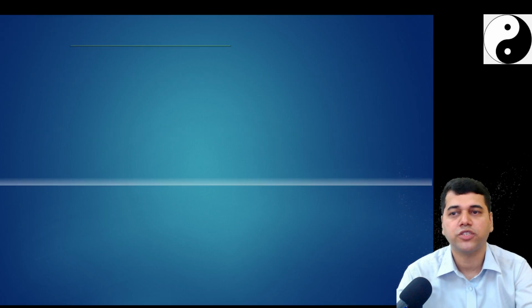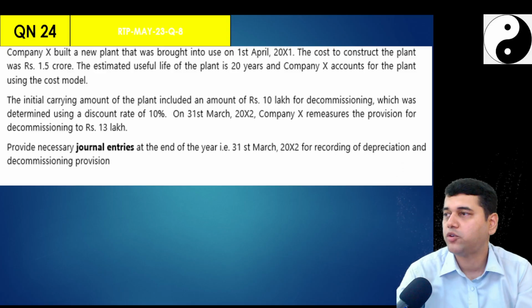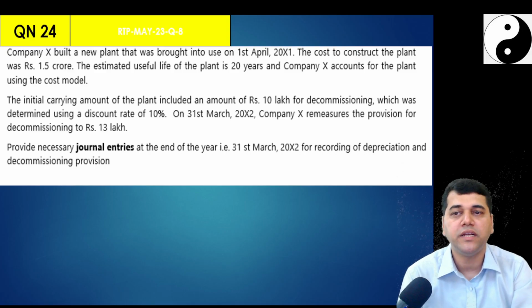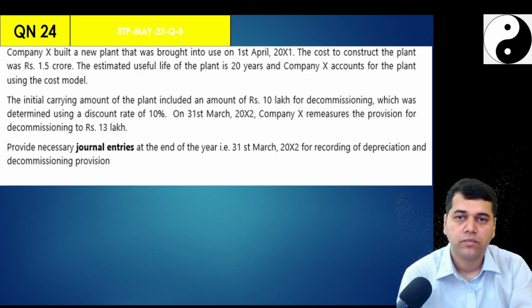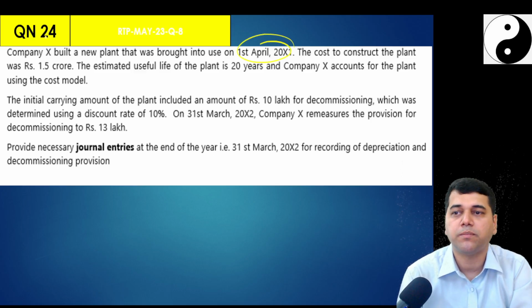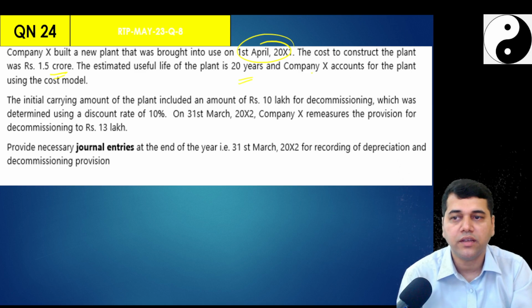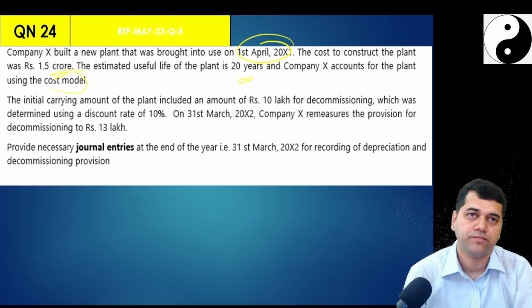Yes, so next question, another one RTP question. Company X built a new plant that was brought into use on 1st of April 2011. The cost to construct the plant is 1.5 crore. Estimated useful life is 20 years and they use the cost model. Good.